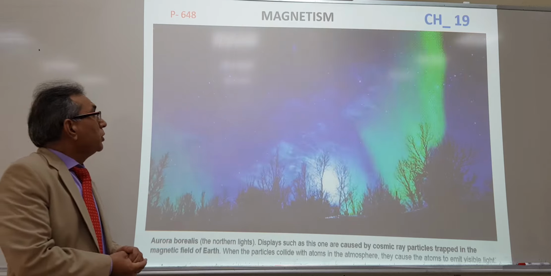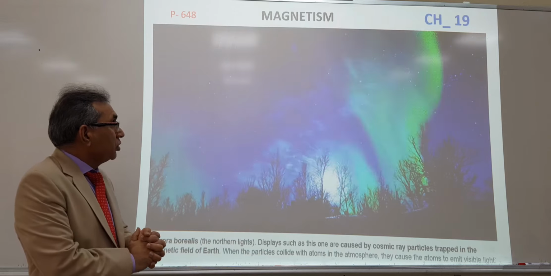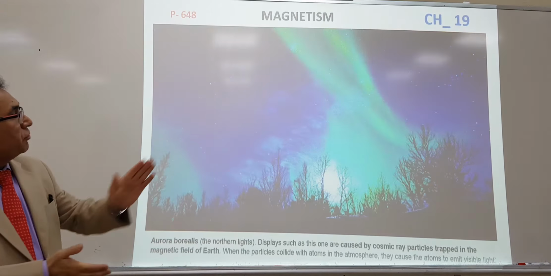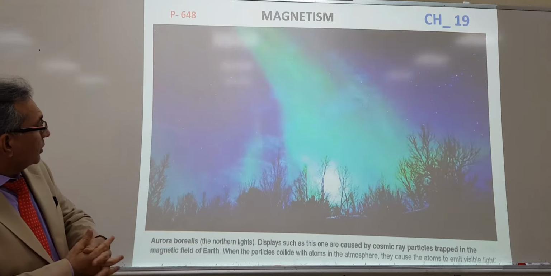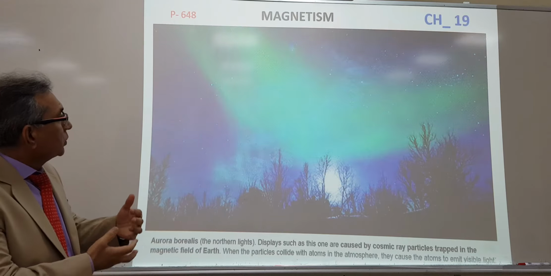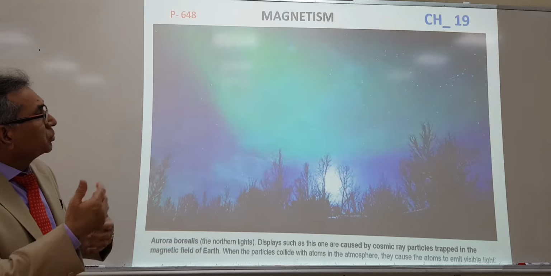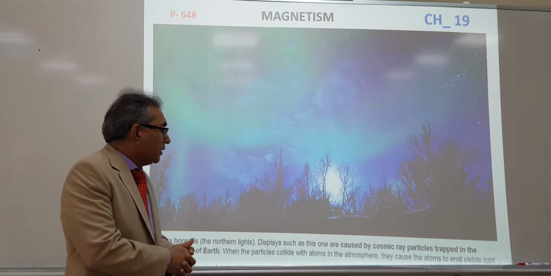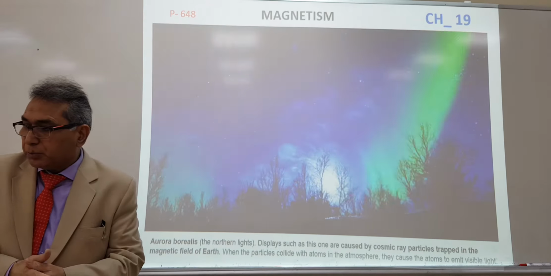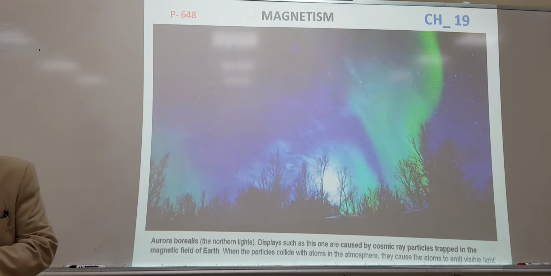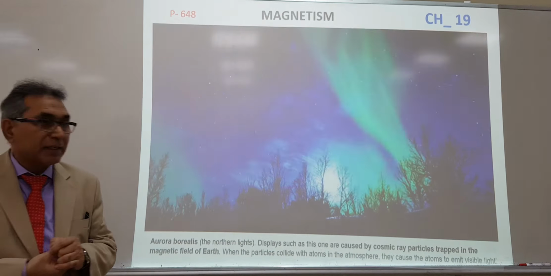Today we are going to start chapter number 19, magnetism. If you look at this animation, the title slide of this chapter, the cosmic rays, the charged particles coming from space to the earth, interact with the earth's magnetic field and give rise to the lights.